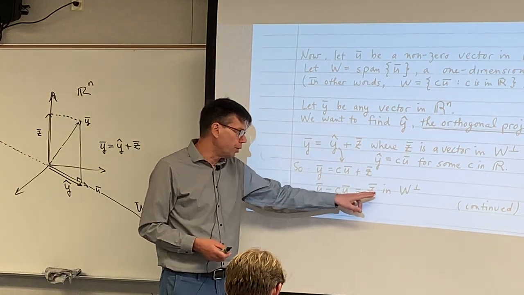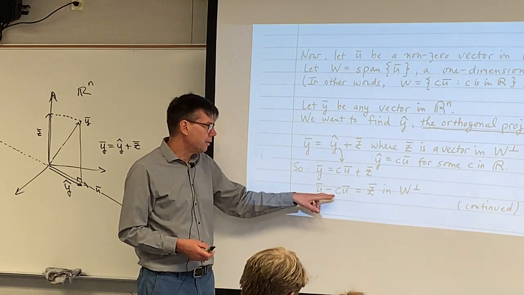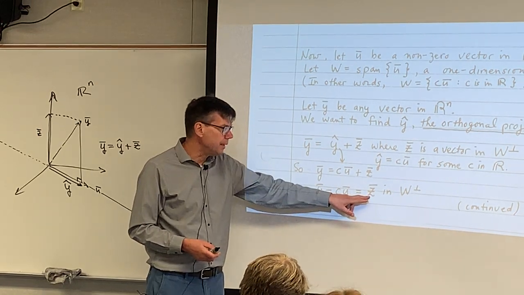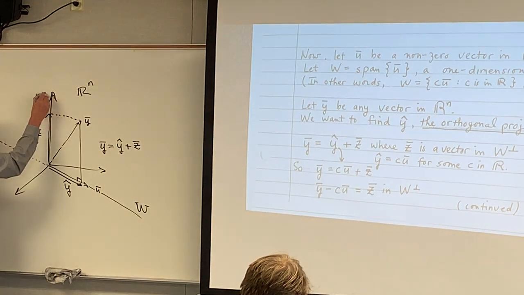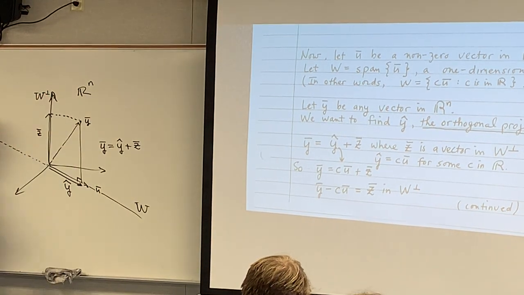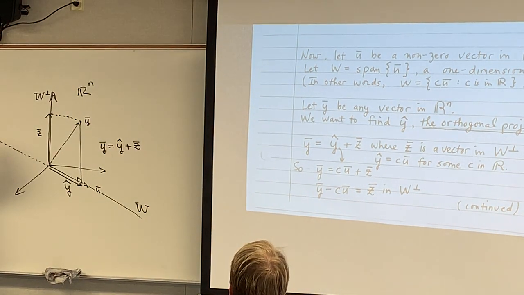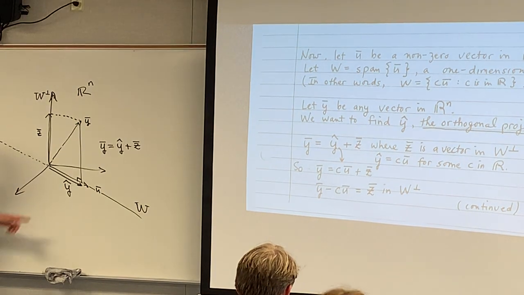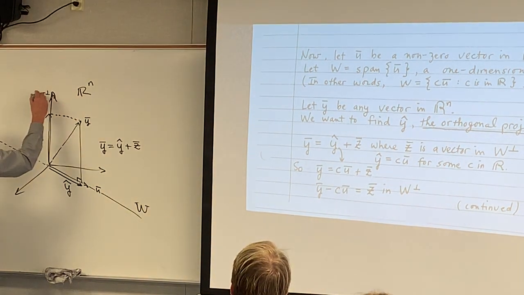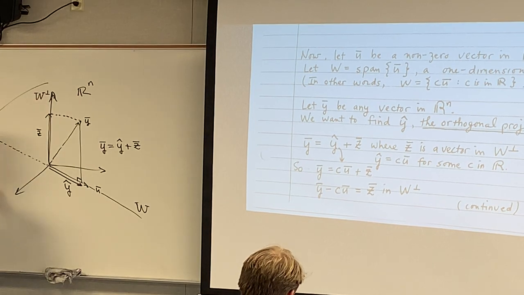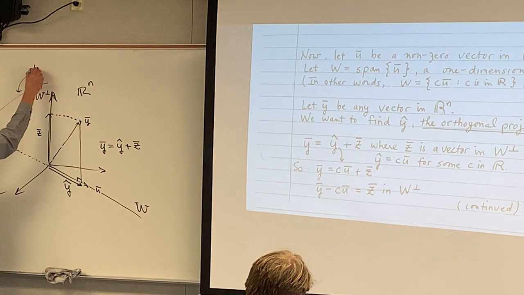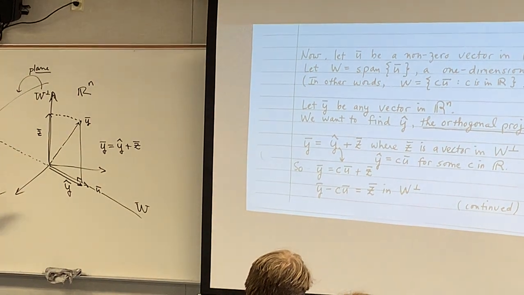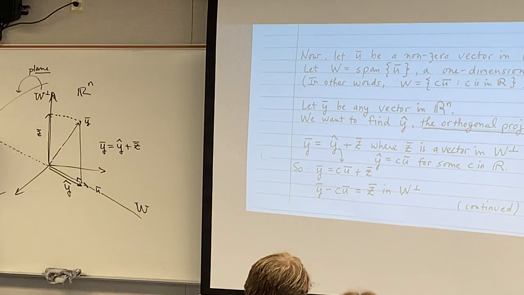And then y minus cu would be our z, and we want z to be in W perp, the perpendicular complement to W. Now, actually, W perp in this picture is like a plane, a two-dimensional subspace of all vectors perpendicular to that line of W.